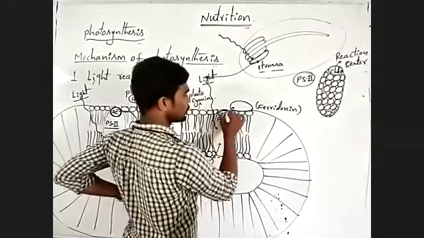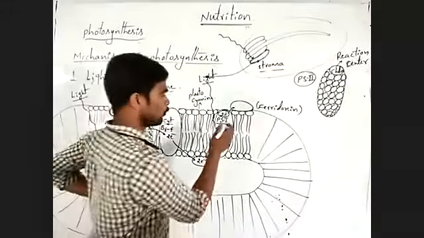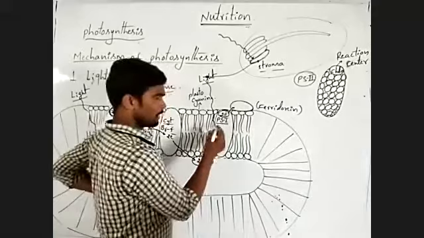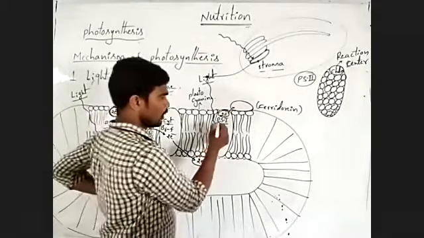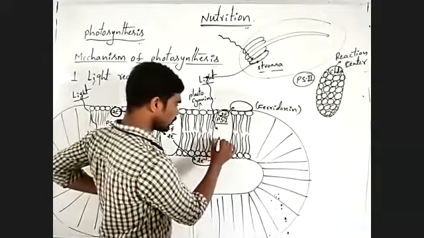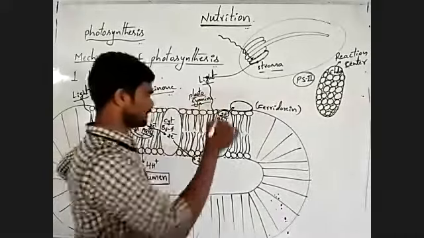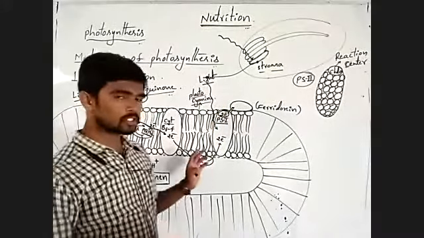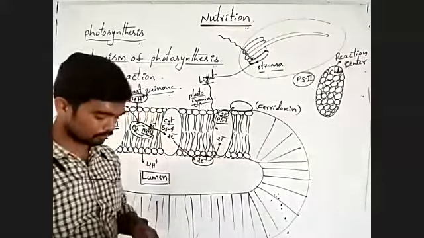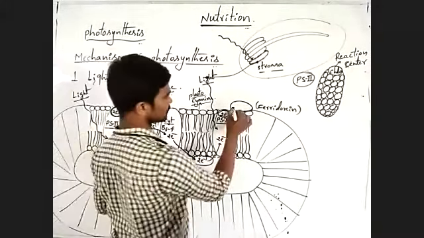Now photosystem 1 requires two electrons to fulfill its number of electrons, so it receives the two electrons from plastocyanin.